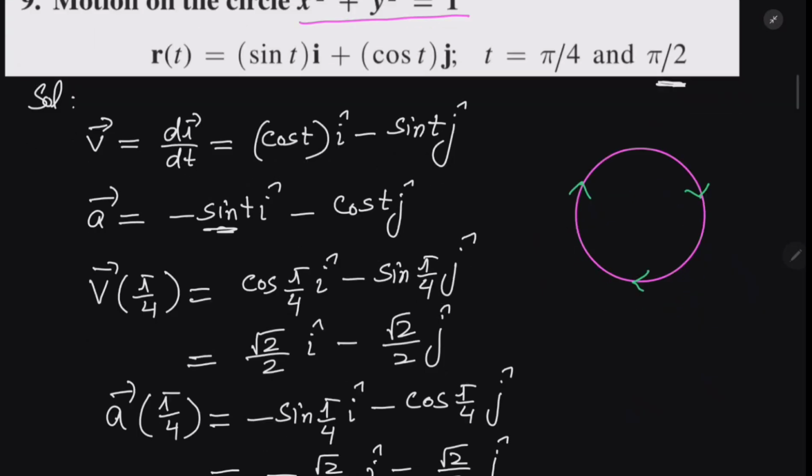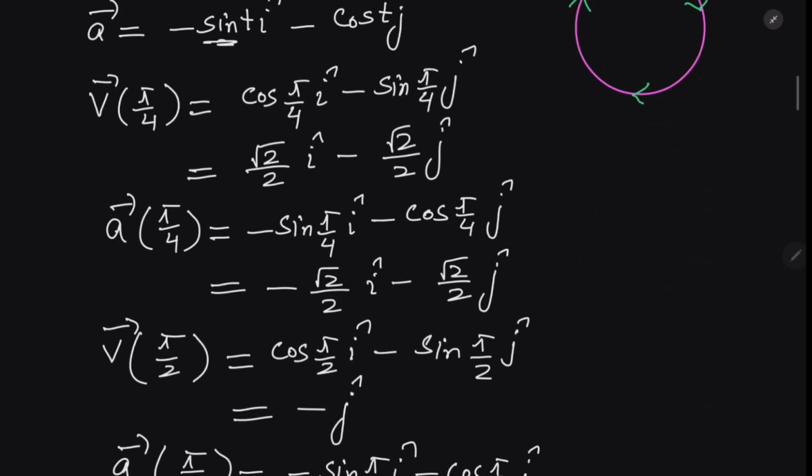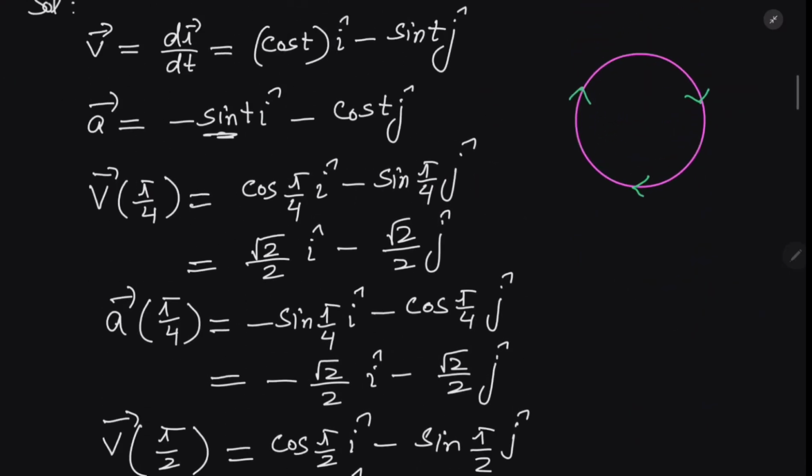And when you take a look at velocity at pi by 4, first of all, you can plot that velocity. At pi by 4, i is positive and j is negative, so you get some value like this.